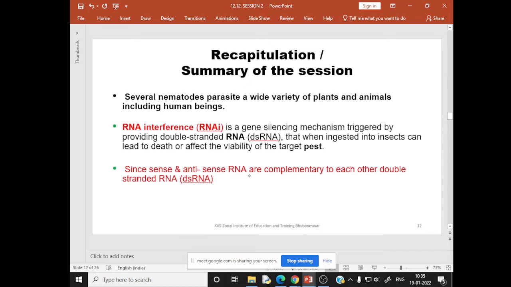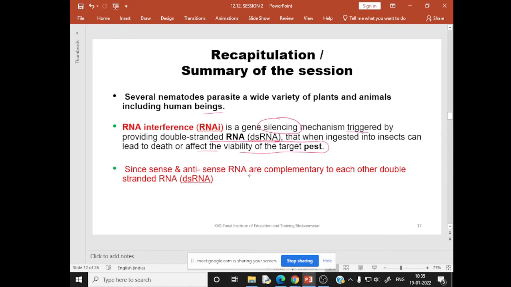So let us see some more summary or recapitulation. Several nematodes parasitize a wide variety of plants and animals including human beings. RNAi is gene silencing, you have to remember this word. It is also called the gene silencing mechanism, triggered by providing double-stranded RNA that, when ingested by an insect, can lead to death or affect the viability of the target pest.